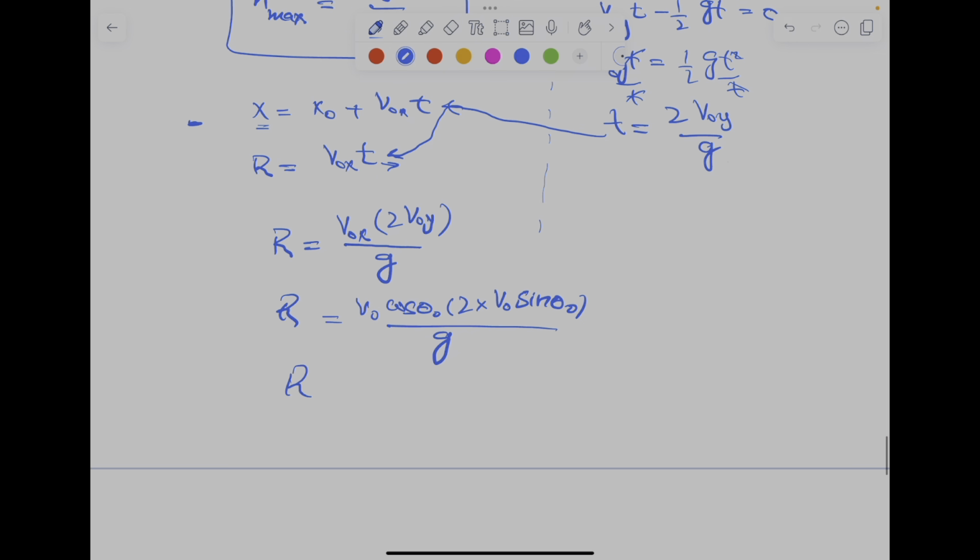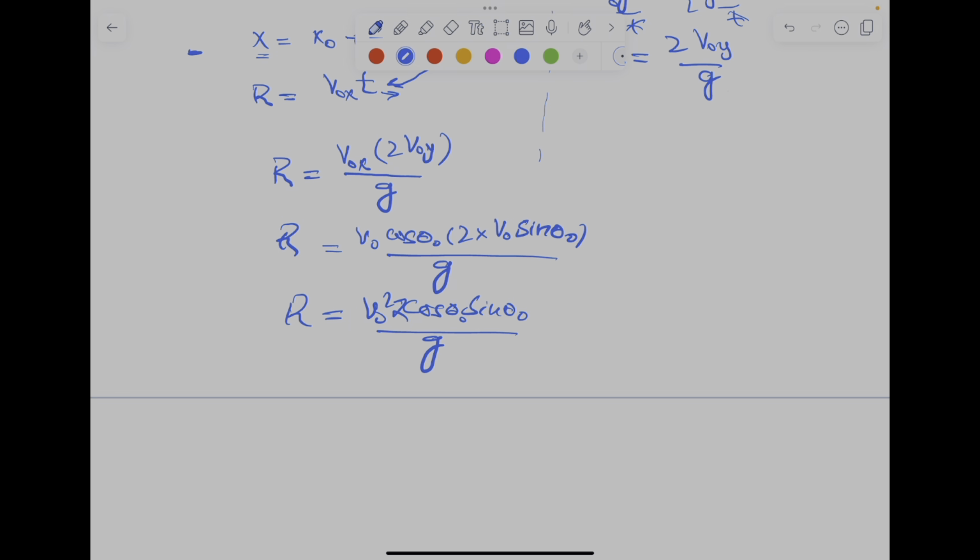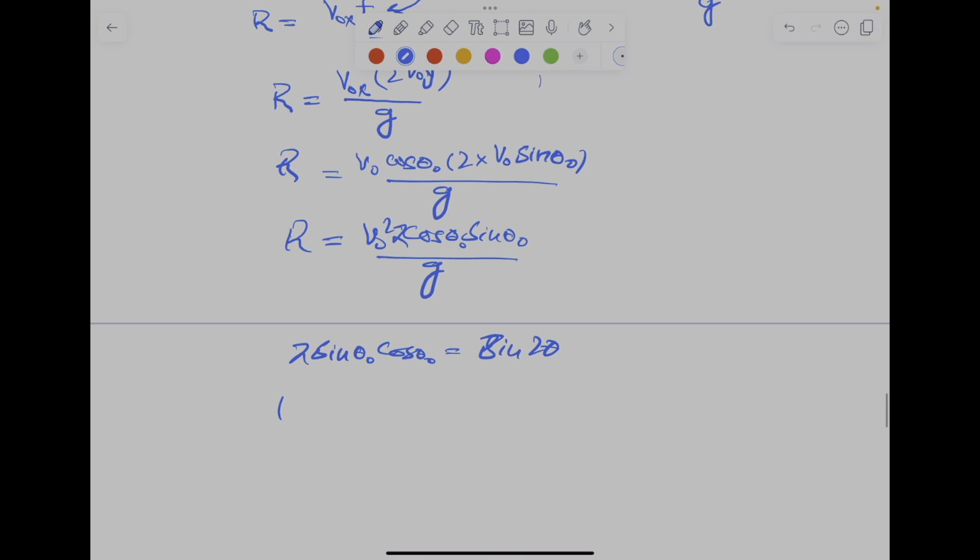So R will become v naught squared times 2 cos theta naught sin theta naught divided by g, and this 2 sin theta naught cos theta naught is nothing but sine 2 theta. So your range formula will become v naught squared sine 2 theta naught divided by g. This is your general expression for the range.